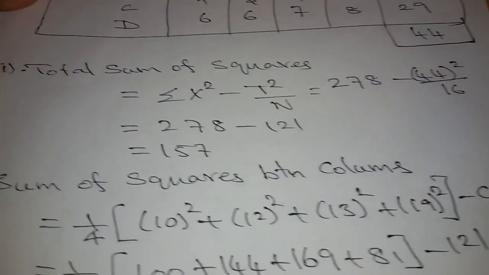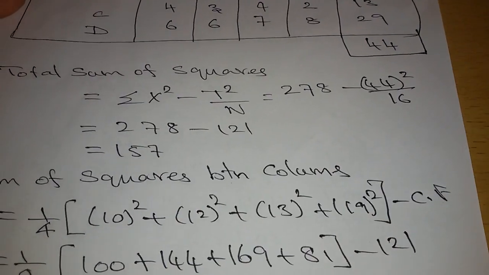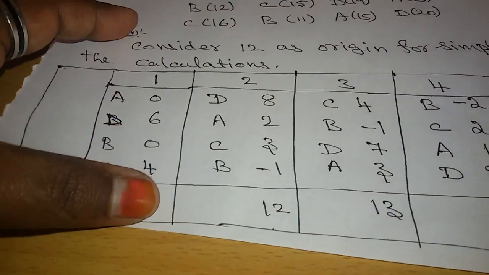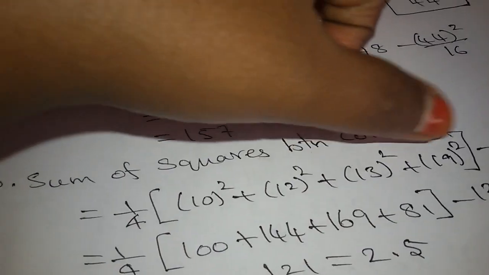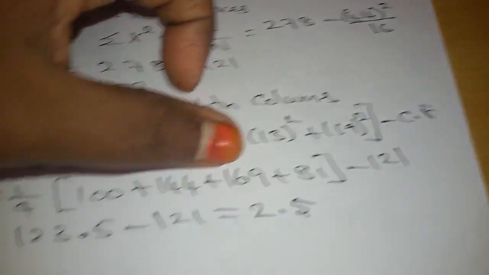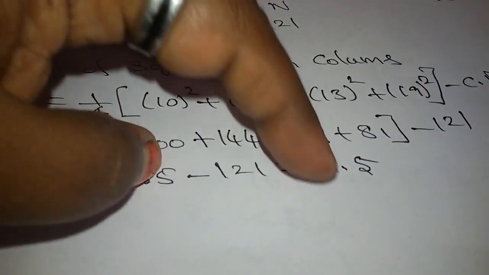Those values you consider here, minus the correction factor. Each column has 4 values, so you have 1 by 4 common to these squares. After substituting and simplifying you get the value 2.5.